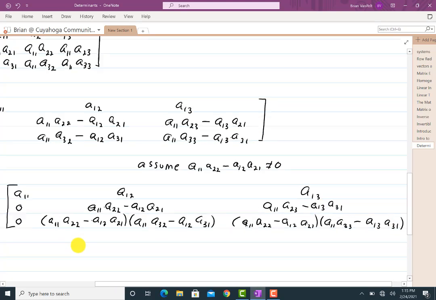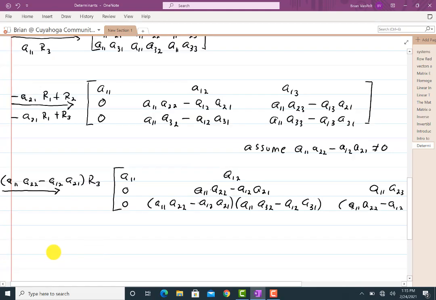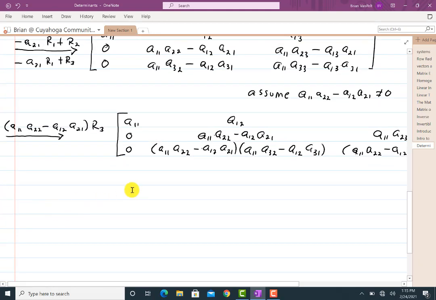All right, now the rest, it's going to get very ugly now, because now I'm going to go through the effort of wiping out this whole quantity right here. So to do that, I will do negative A11, A32 minus A12, A31, all of that times R2, and I will add it to R3.